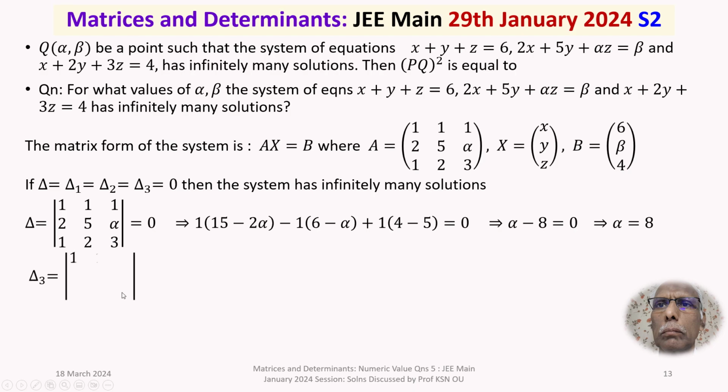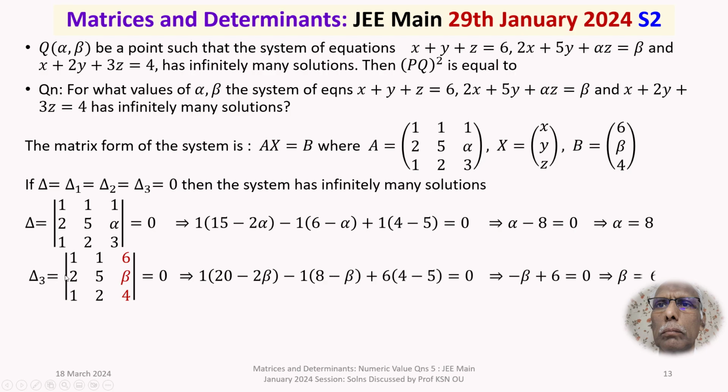So delta 3 is the same as delta with the third column replaced by 6, beta, 4, which is written in red. Expand, that is equal to 0. Expand by its first row. Simplify. You will get beta is equal to 6.